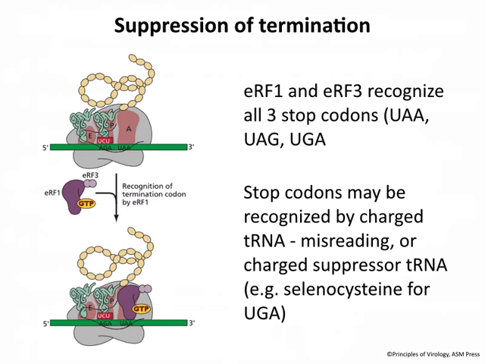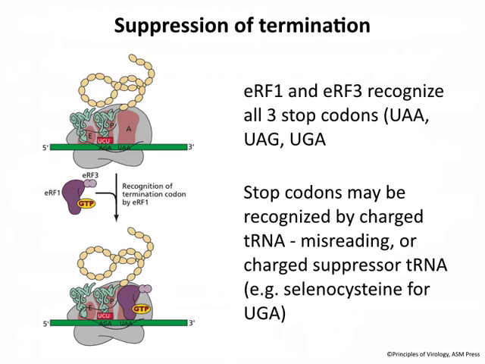We have here the growing polypeptide chain. When the terminator sits into the stop codon site, that catalyzes the release of the peptide from that last tRNA, and protein synthesis is ended. So that's typically the way translation termination works.